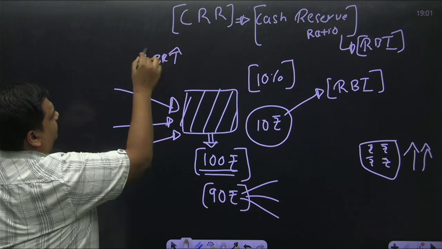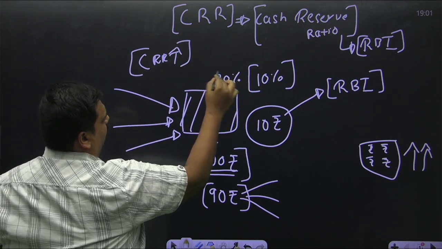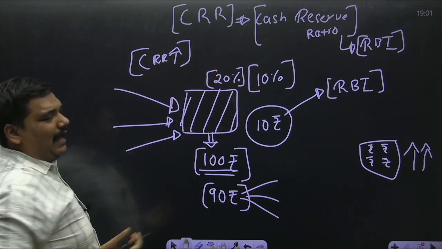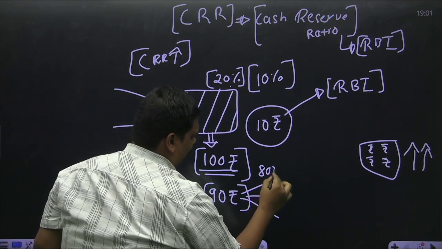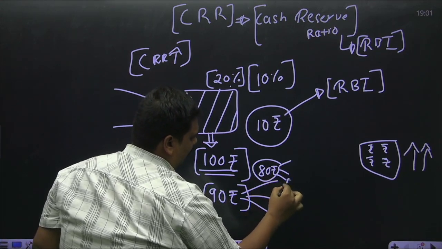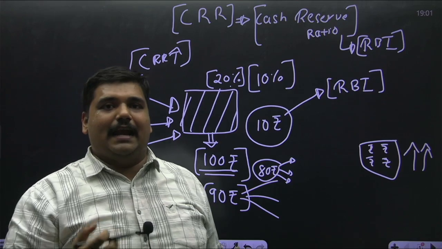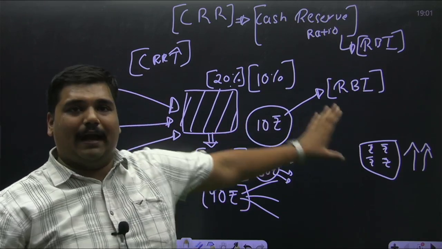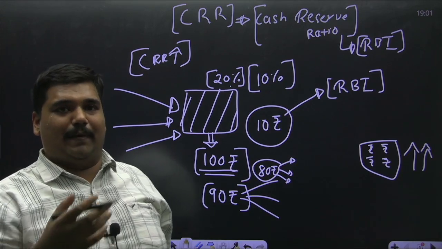Say it was 10%, they will make it 20%. By increasing the cash reserve ratio, only 80 rupees is left with the bank to give out as loans. Therefore, it reduces the lending capacity of the bank, thereby controlling the flow or influx of money within the economy.